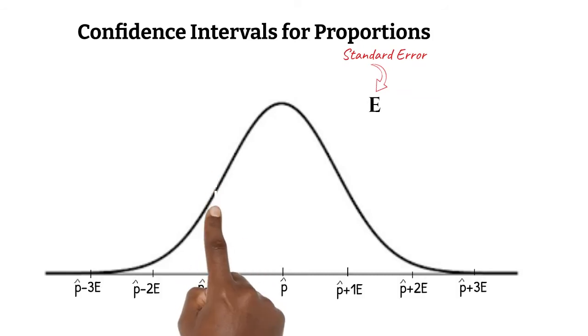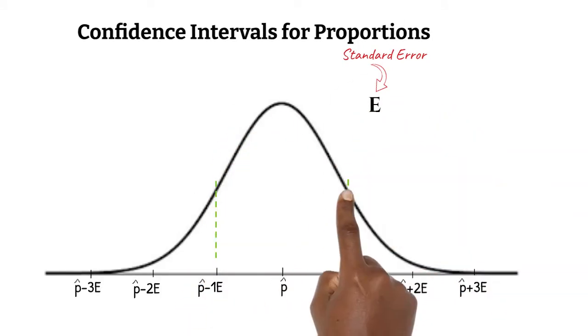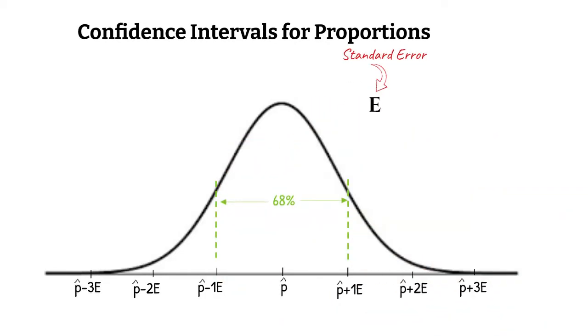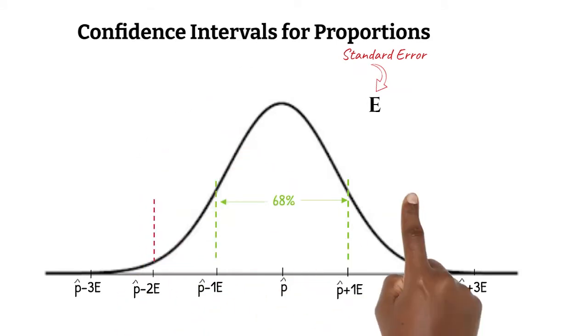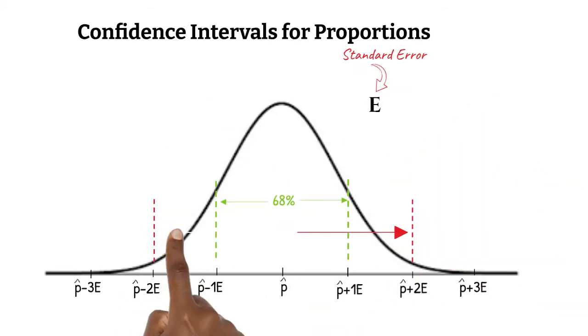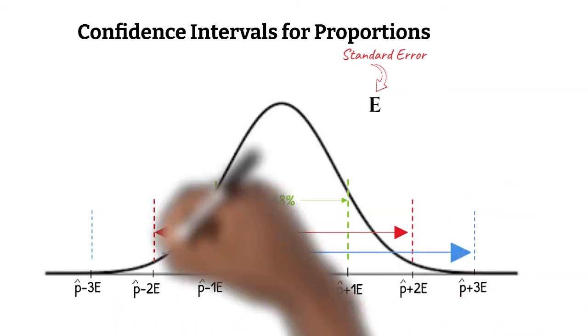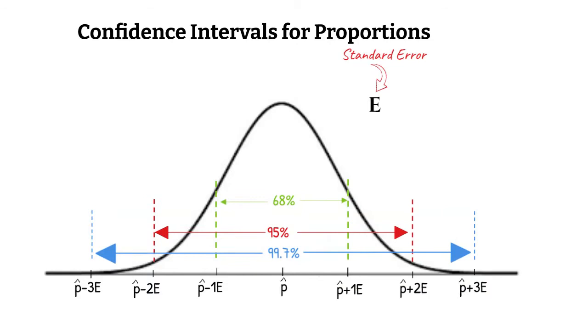We can be confident that 68% of our proportions are between one standard error below and one standard error above our sample proportion. 95% of proportions are between two standard errors below and two standard errors above our sample proportion. And 99.7% of proportions are between three standard errors below and three standard errors above our sample proportion.